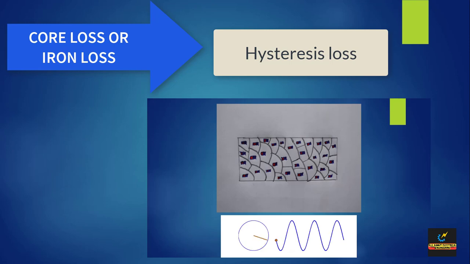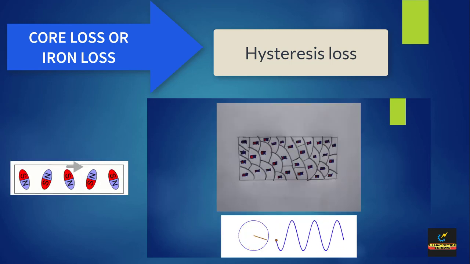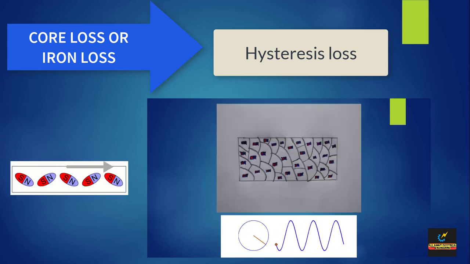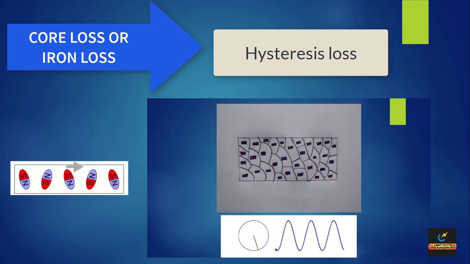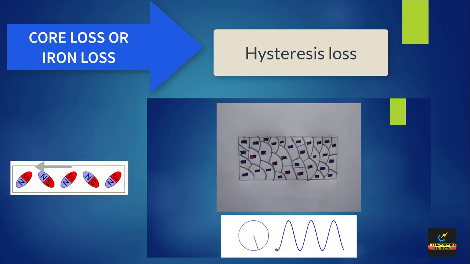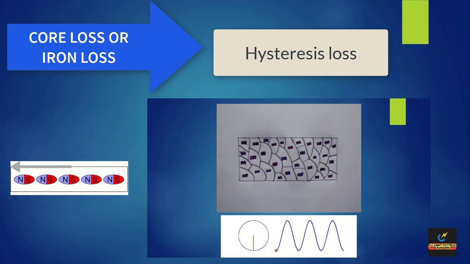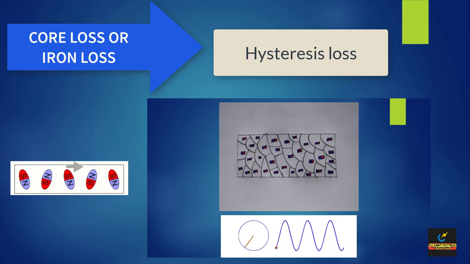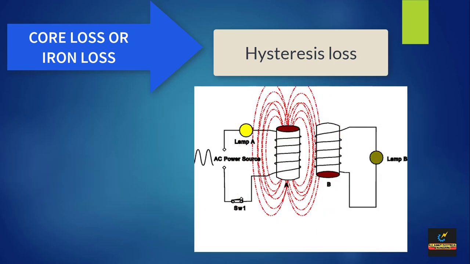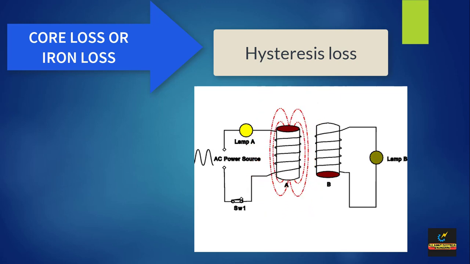Hysteresis loss is due to the reversal of magnetization of the transformer core whenever it is subject to an alternating magnetizing force. So, whenever the core is subjected to an alternating magnetic field, the alternating magnetic flux is created by the alternating current flowing through the windings of the transformer.